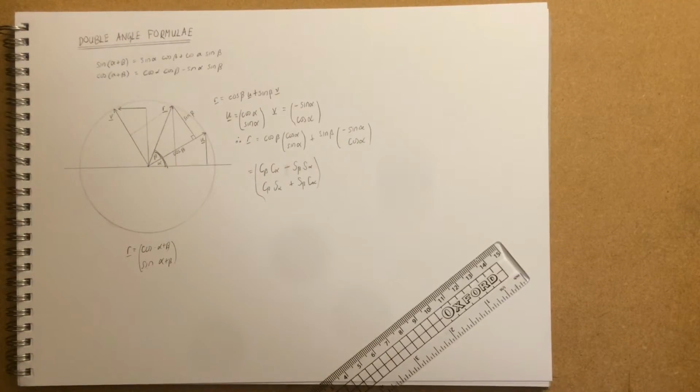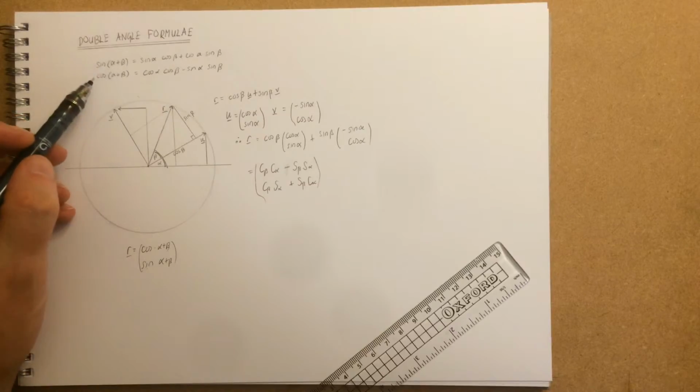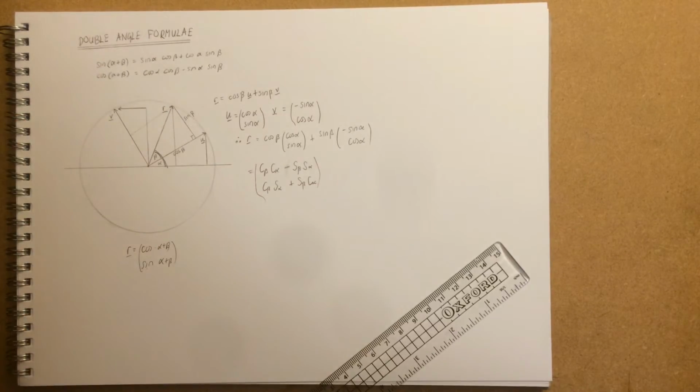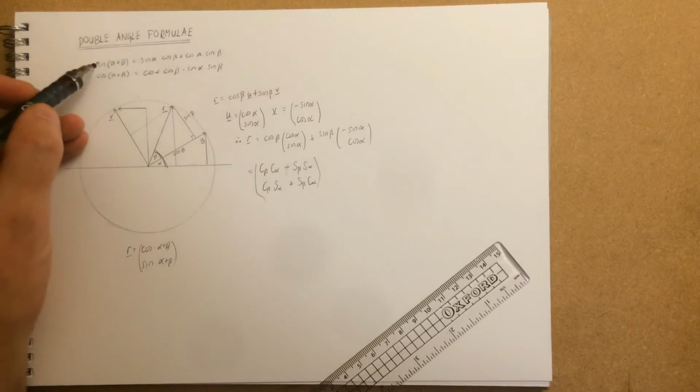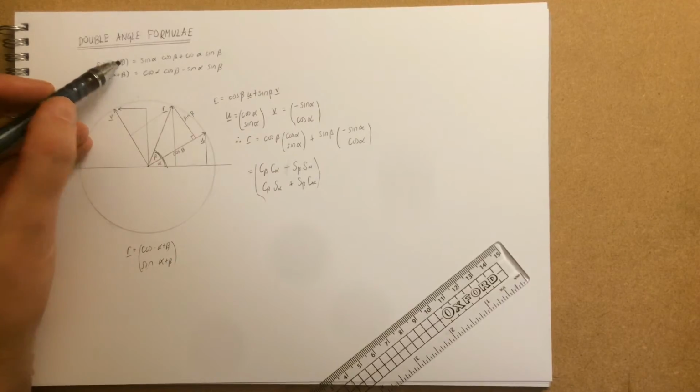So again, as I said, it's really idiotic in the formula books that they then give you separate formulae for sine alpha minus beta and cos alpha minus beta. I mean, it's a trivial thing to throw a minus sign in. Sine alpha minus beta, you replace beta with minus beta.